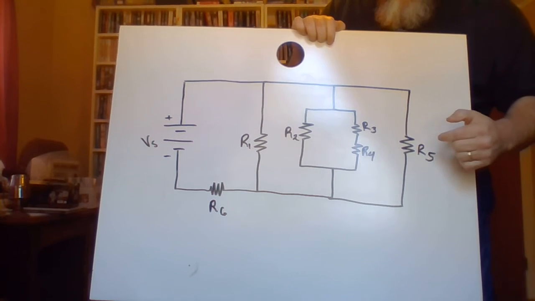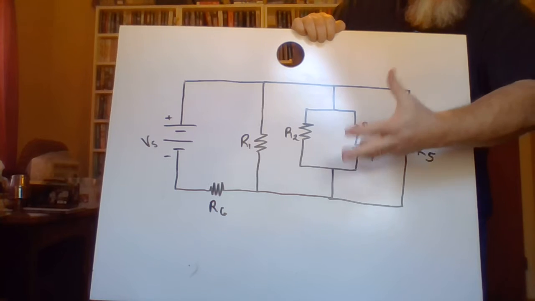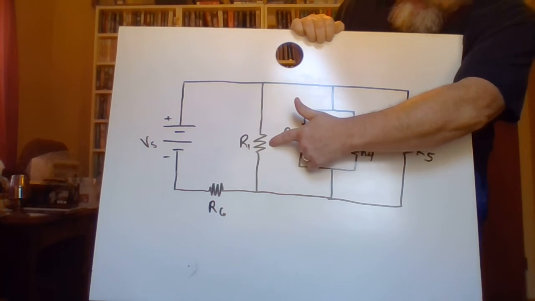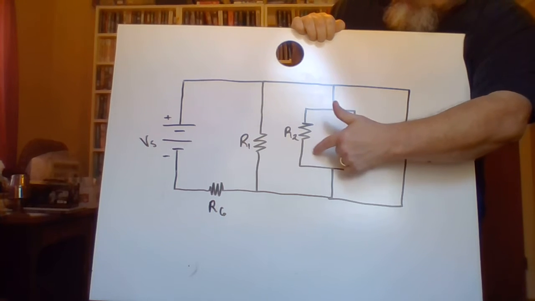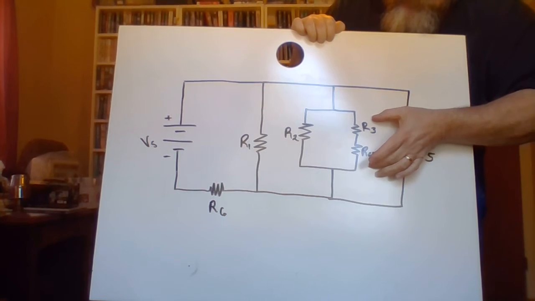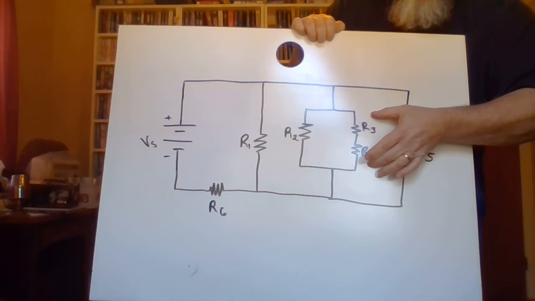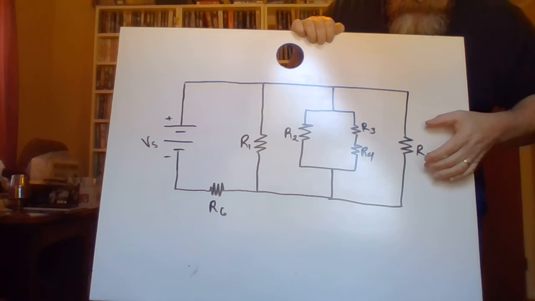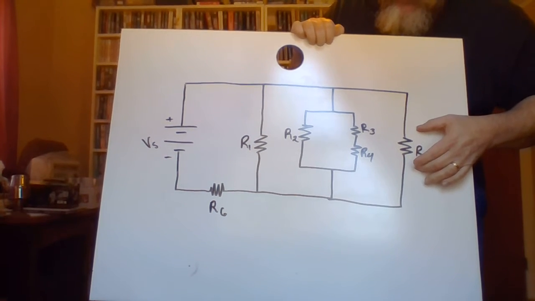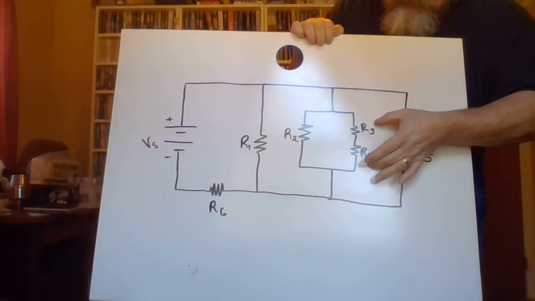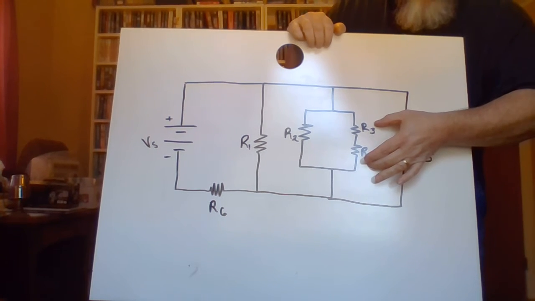Now, by knowing that, it should be evident that the voltage across R1 is going to be the same as the voltage across R2. It's going to be the same as the voltage across both of these resistors, but these guys have to share it. And the voltage over here is the same as R1, R2, and the sum of R3 and R4.